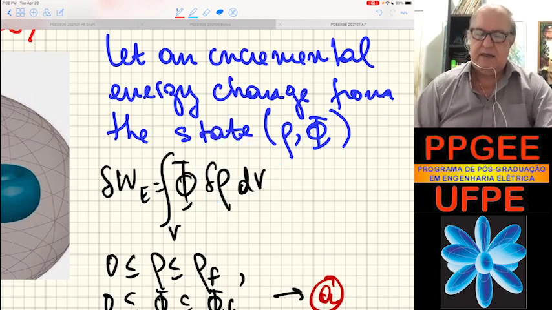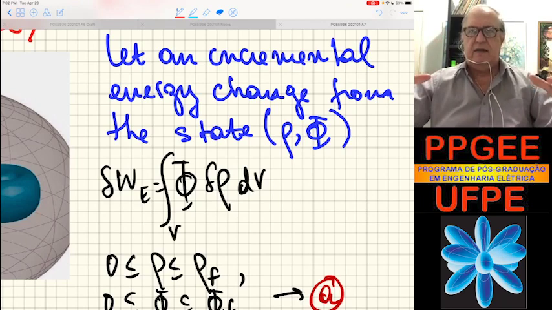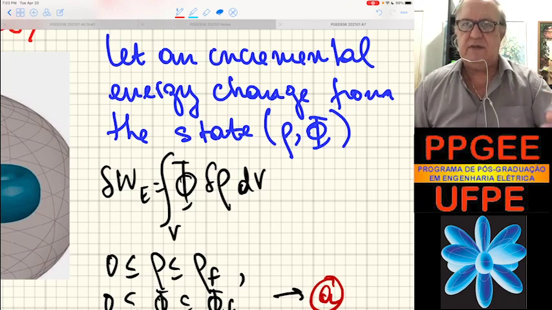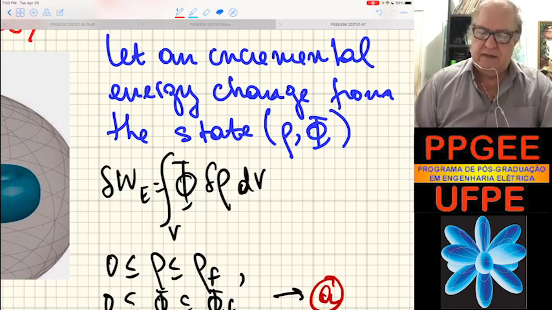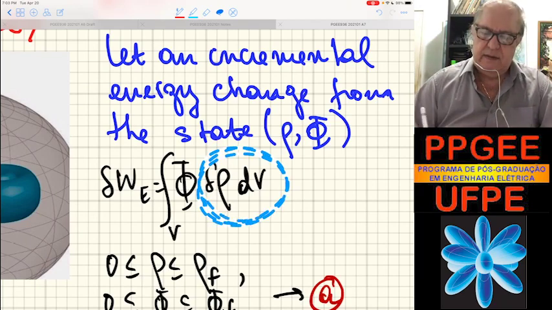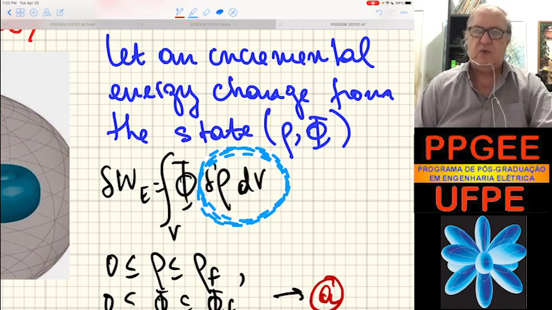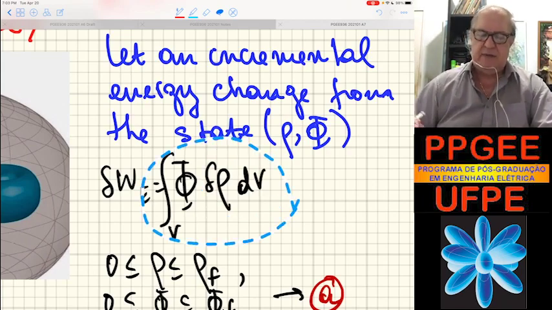So the energy, in principle, if I have already established potential, the changing energy is the change due to the addition of this incremental charge. So we change the density by delta rho, and the charge change in the volume is delta rho dV, and the entire change of energy is given by this expression.